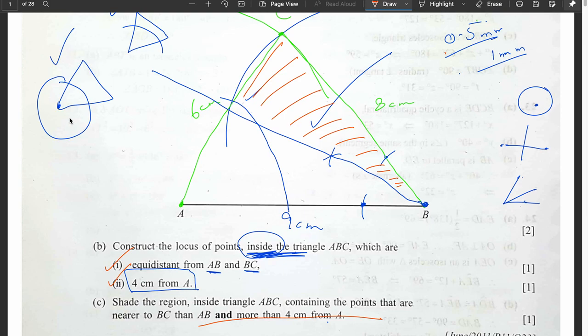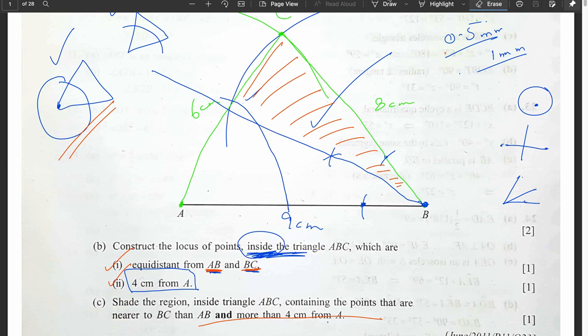If you want me, we can repeat this many times because this is going to be the case every time. Point, 2 points and 2 lines. Equidistant from AB, BC, 2 lines, AB, BC. So we drew the angle bisector of ABC, first thing. Second thing, 4 centimeters from A, so an arc of 4 centimeters.